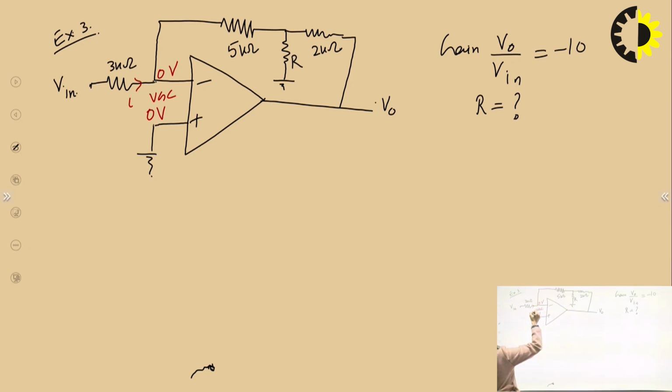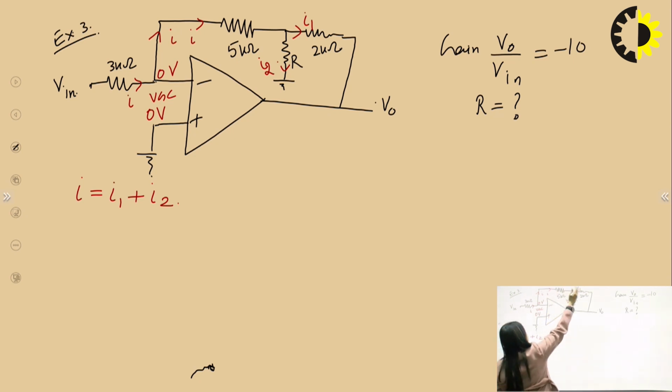Some current I flows here, and this current will divide between two resistances, I1 and I2. So I is equal to I1 plus I2.